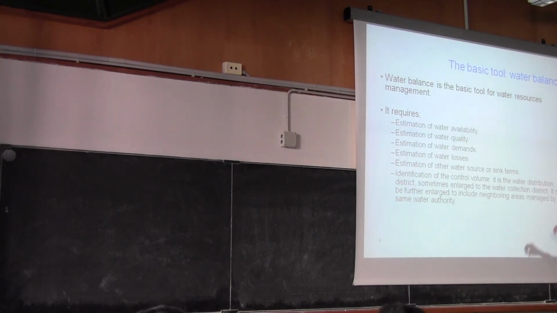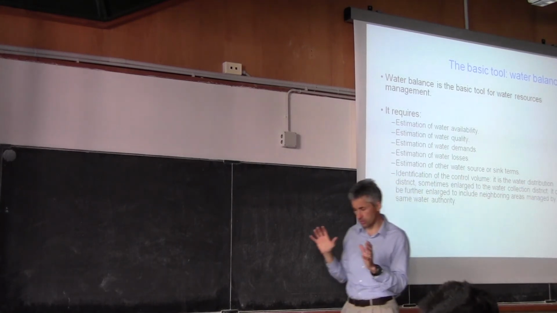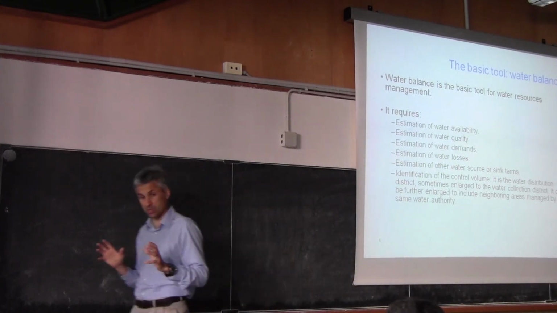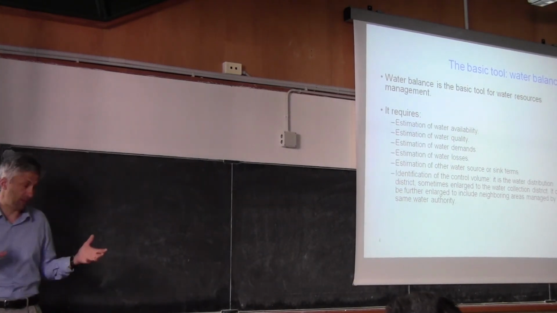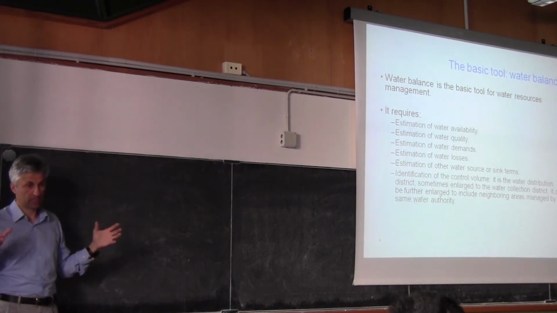And then, when you talk about a balance of water, you have to identify your control volume, meaning the volume where you apply the balance. And this is also something that is challenging because typically your control volume is the water district for an aqueduct, for instance.